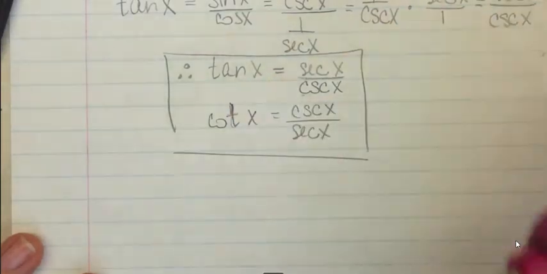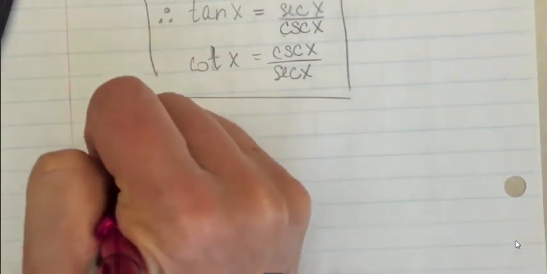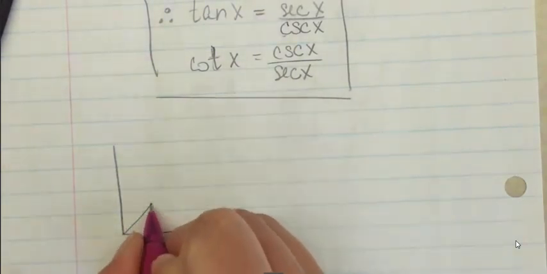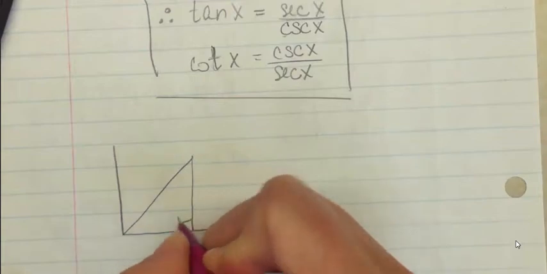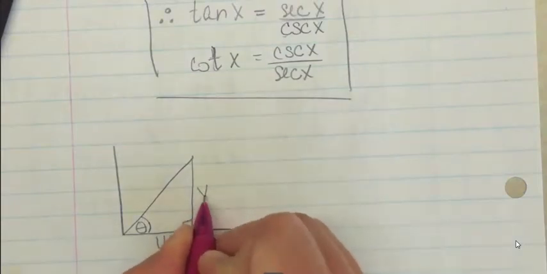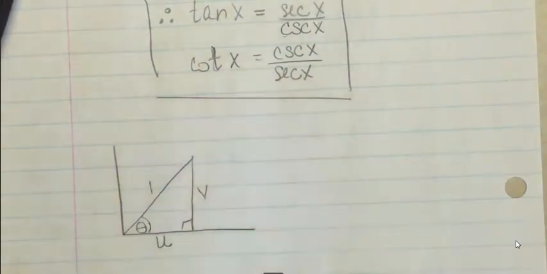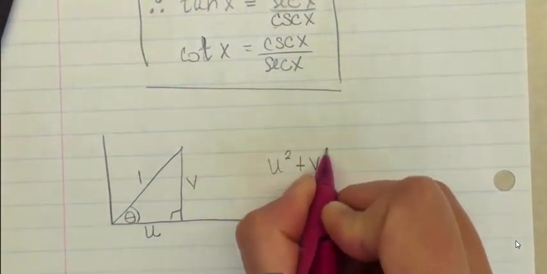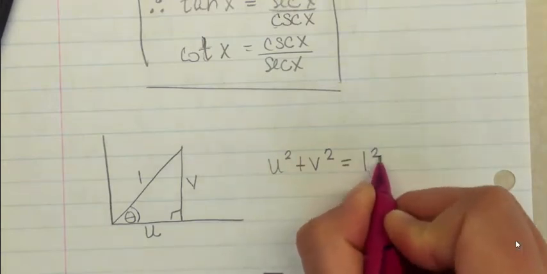Just as a reminder, and you got to explore this a little bit today, if I draw the first quadrant, and in that first quadrant I draw a right triangle, and I label the reference angle theta, and I've got one side u and one side v, and then a hypotenuse of 1, then I know by Pythagorean theorem that u squared plus v squared will have to equal 1 squared.